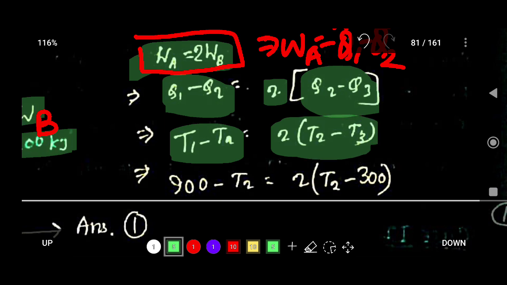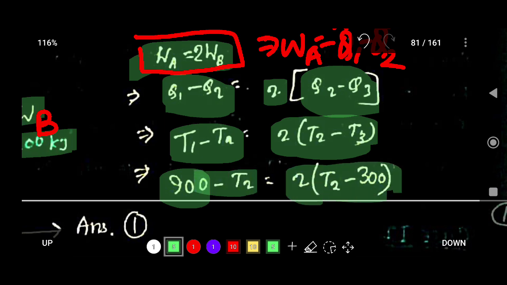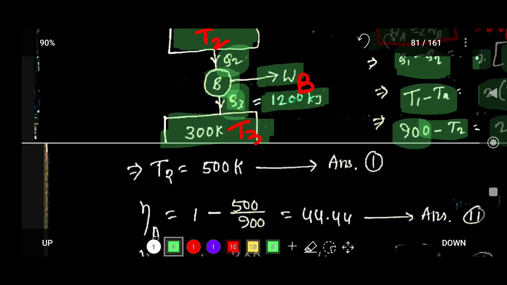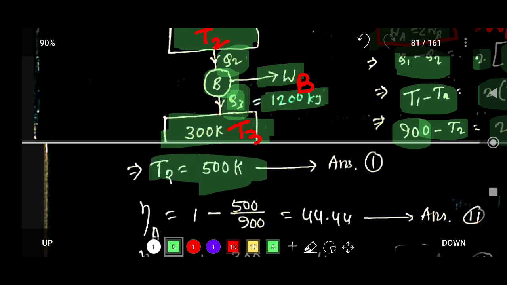T1 temperature is given, that is 900 Kelvin, so 900 minus T2 is equal to 2 into T2 minus 300. From here you can find the intermediate temperature, T2, that is equal to 500 Kelvin.